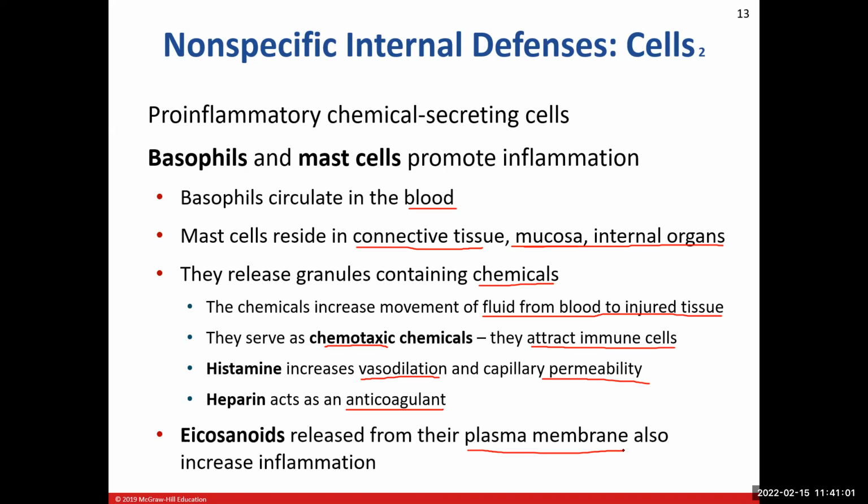And that is the phospholipid that will start to break down and go through a series of chemical reactions, what we call an enzymatic cascade, and it is going to help produce prostaglandins, prostacyclins, leukotrienes, thromboxanes, all these locally acting hormones called eicosanoids. And they all start in the plasma membrane, meaning they come from arachidonic acid and go through a series of chemical reactions which help to increase inflammation, which is what we want.